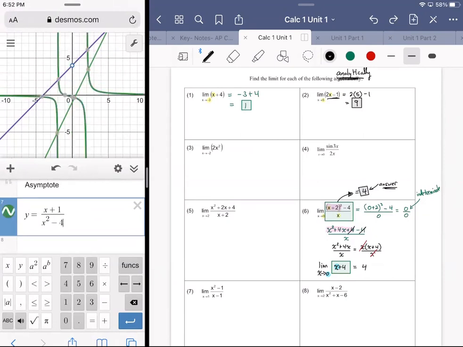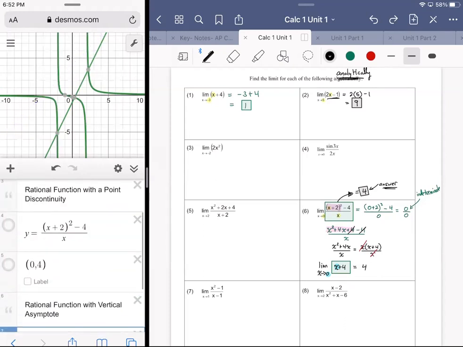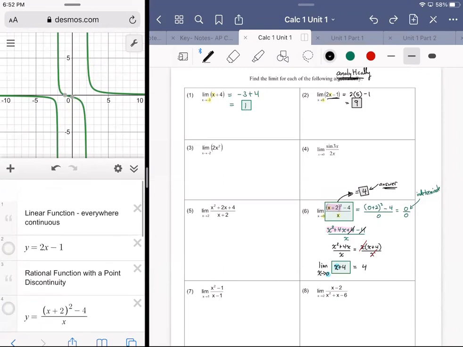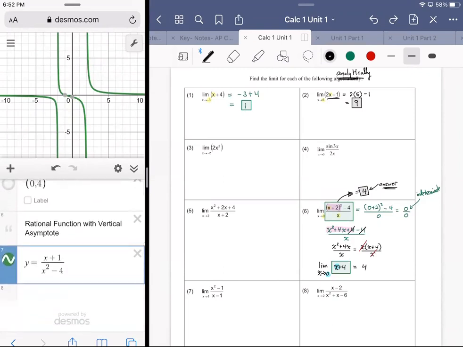All right, now the graph's pretty busy looking, so I'm going to turn off some of the other stuff. So this one has some asymptotes, x equals 2 and x equals negative 2.